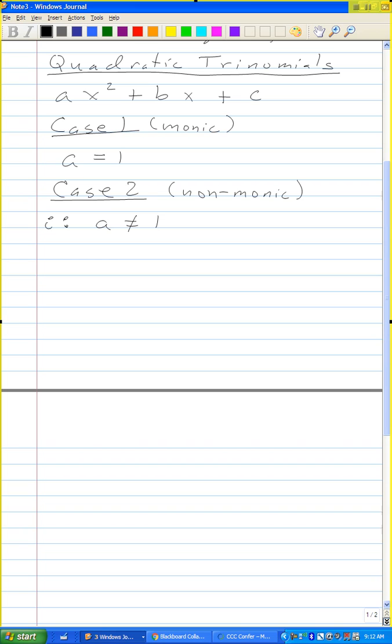And so where the greatest common factor of these coefficients is a, which is not 1. Maybe I should just say with the greatest common factor.